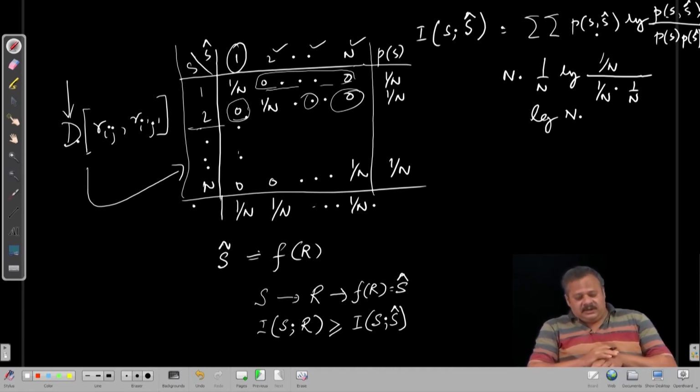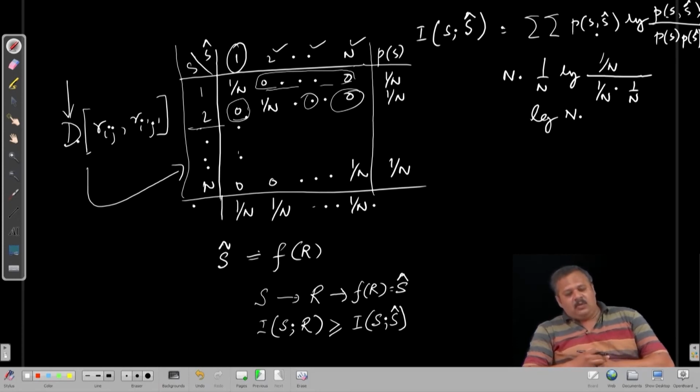Whereas if it is really spread out, let us say uniform throughout, then there is no dependence between them. Uniform throughout meaning that, let us say, each point is 1 by n squared. So each mass point there is 1 by n squared, which would mean that S and S hat are independent of each other.